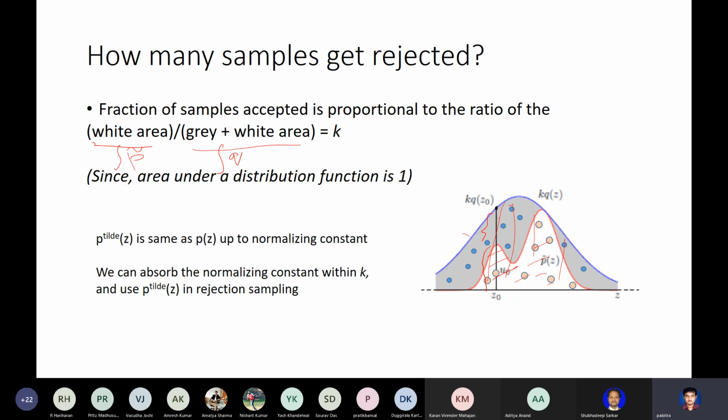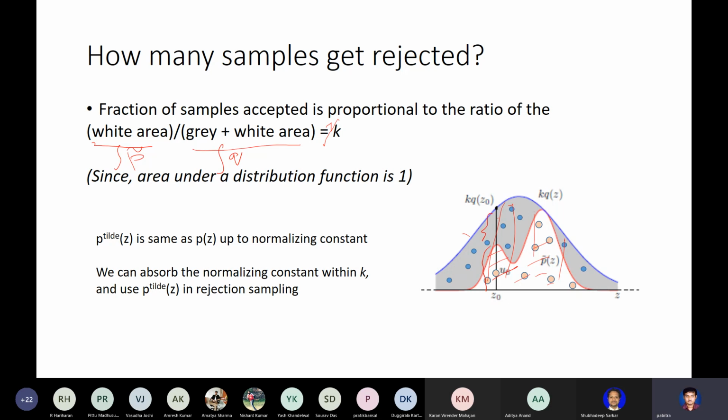Since P tilde is a distribution, the white area will be 1, and q(z) is a distribution, so the area under q(z) will also be 1, but since you are multiplying it by k, this ratio will actually be 1 by k. So if k is your scaling factor, your acceptance ratio is proportional to 1 by k.